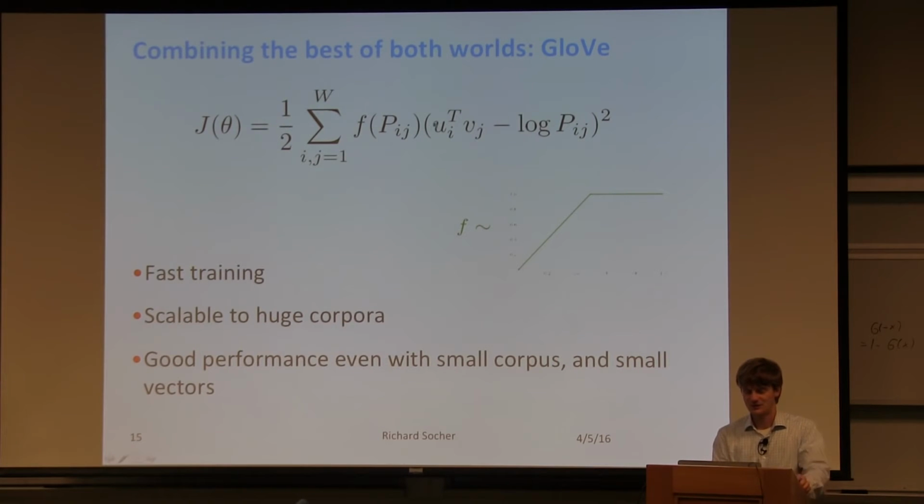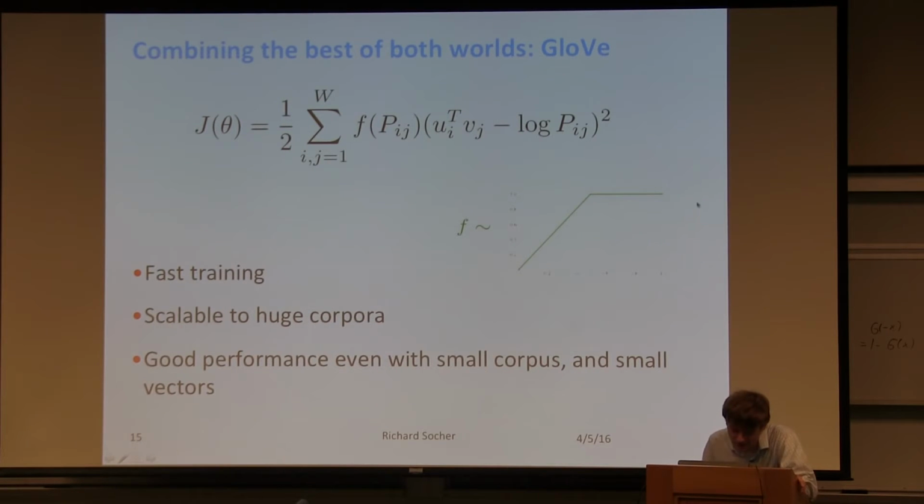Because some of our word pairs, like the and cat, for instance, or he and has, appear so often, they would have a very, very large impact on this objective function. And so what we found empirically is to just cut off in this f function here and have a maximum.